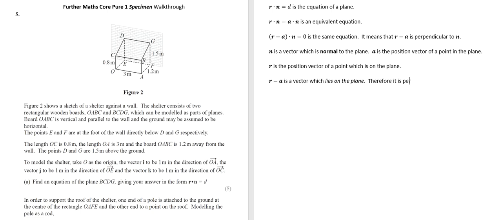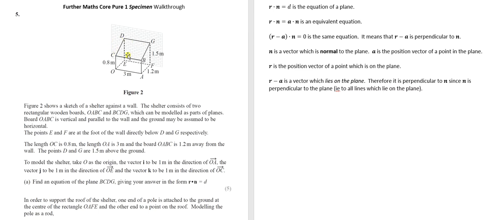Therefore, it is perpendicular to n, since the whole point of n is that it's perpendicular to the plane. In other words, it's perpendicular to any and all lines which lie on the plane.